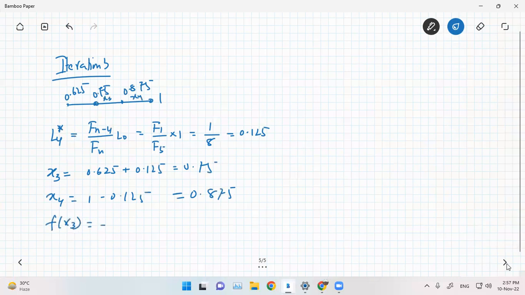We already know it is minus 0.5625, and f(x4) will be minus 0.546875. So definitely this is smaller, this is larger.